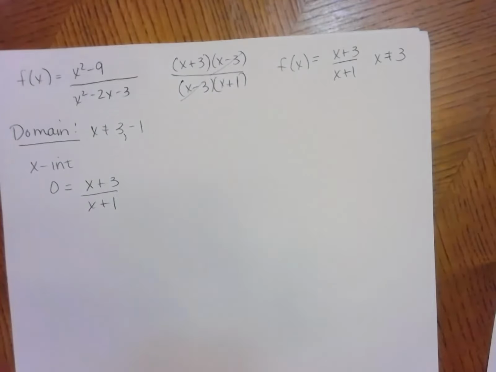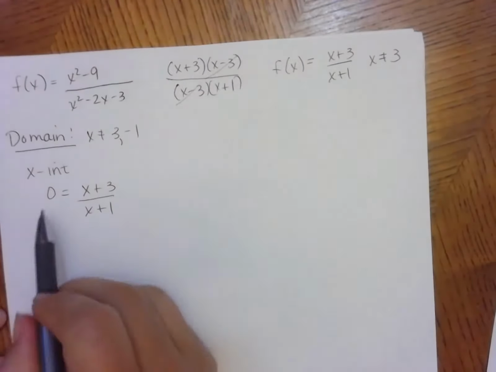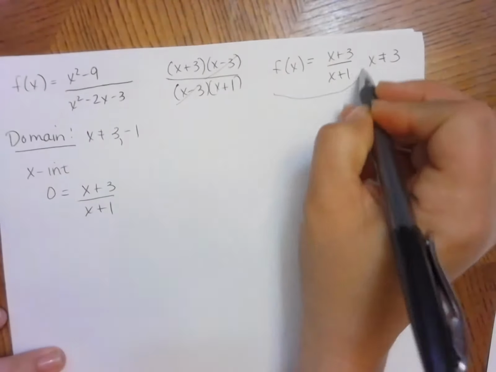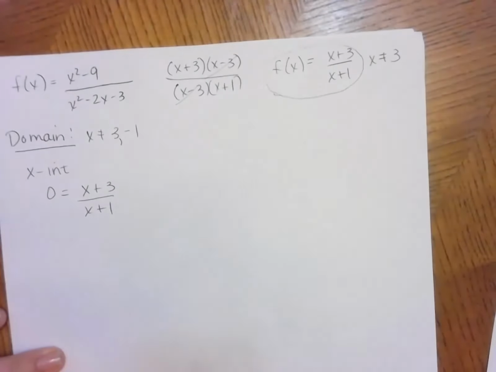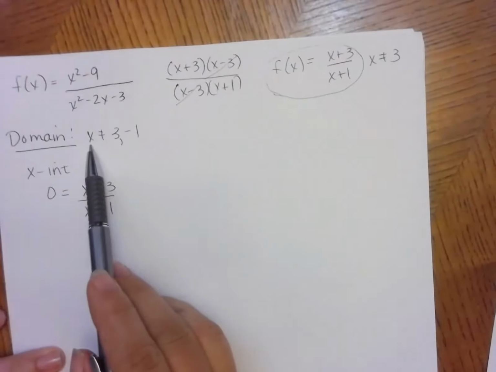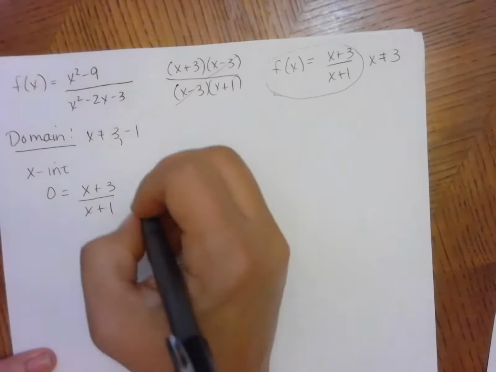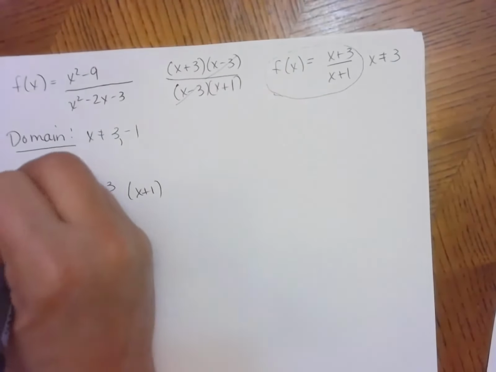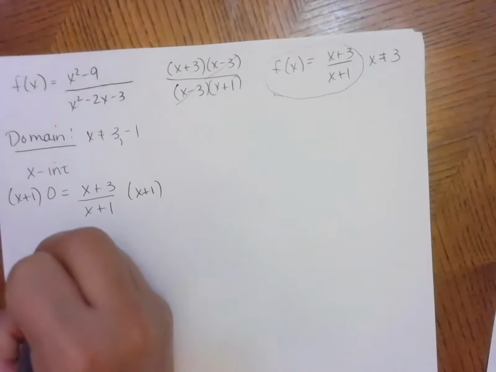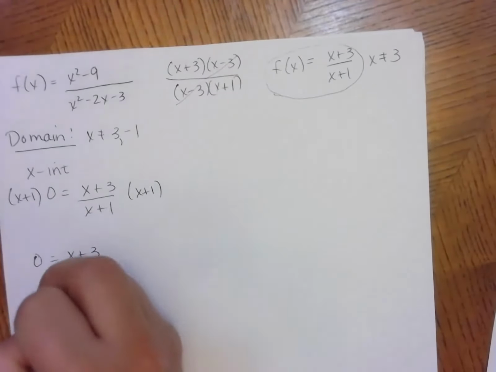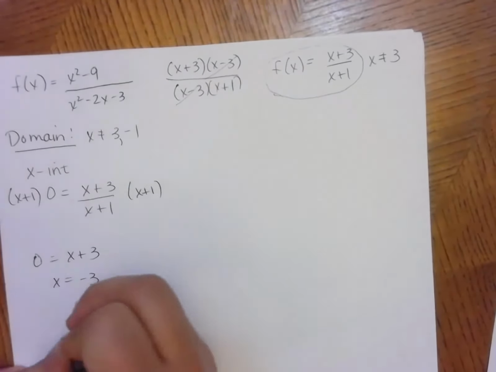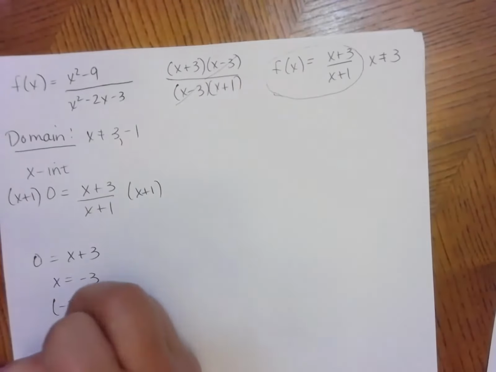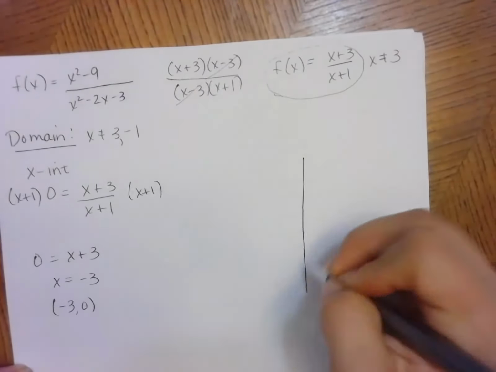So you really do need to use the simplified version. This is like our new function, except for when we went back to the domain. So I multiply both sides by x plus 1. This side turns into 0, and I get x plus 3, leaving me with x equals negative 3 as my x-intercept. So I have negative 3, 0 that I can put on my graph.